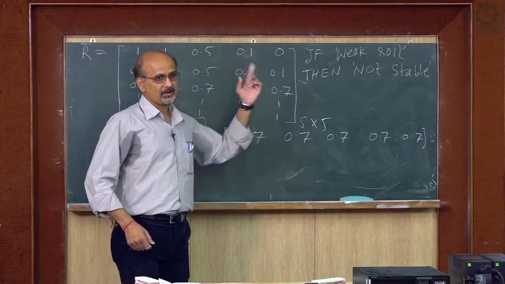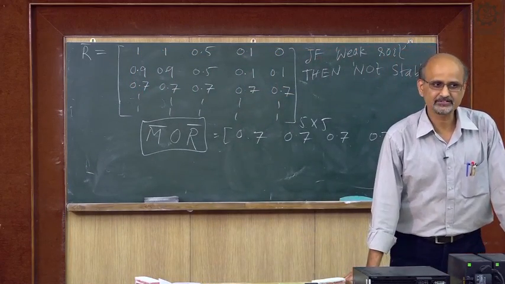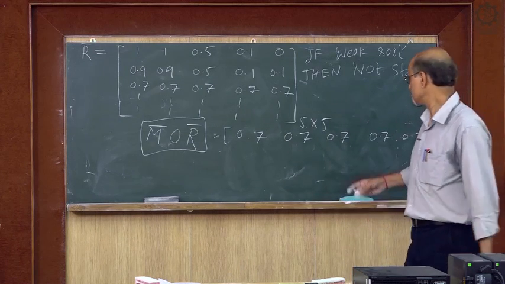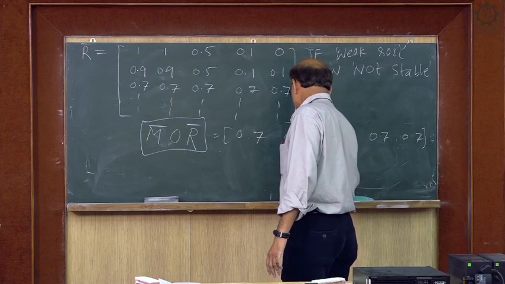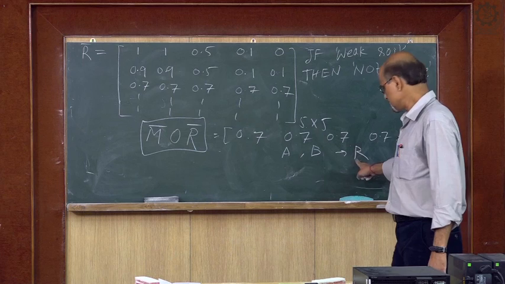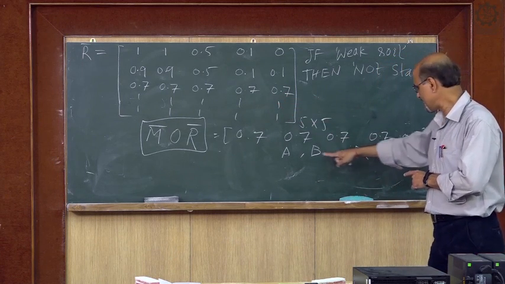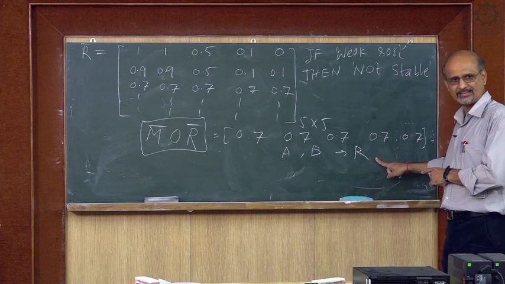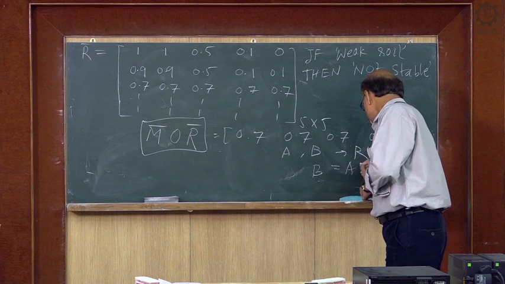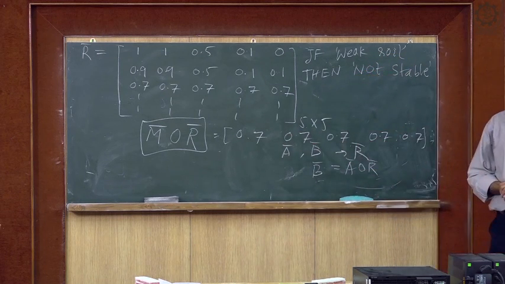From this idea of inverse relationship comes, because if you remember the last example where we wrote A, B etc. and we found R, then if A and B I am finding R, what about if I write B is equal to A composition R, suppose these are fuzzy sets.